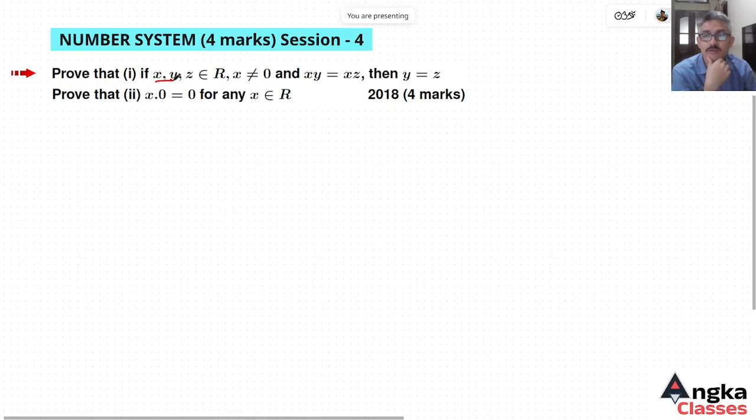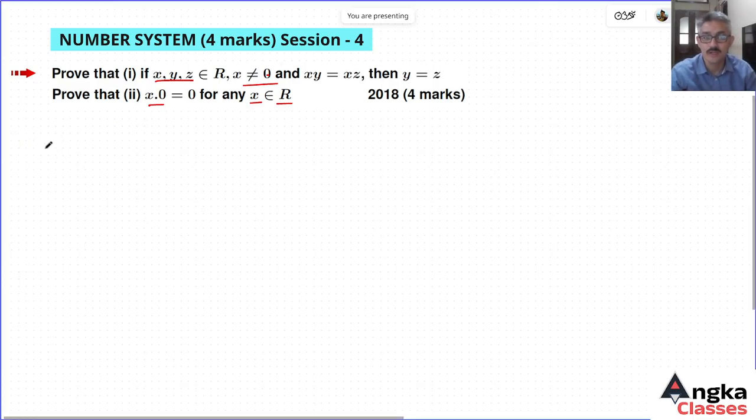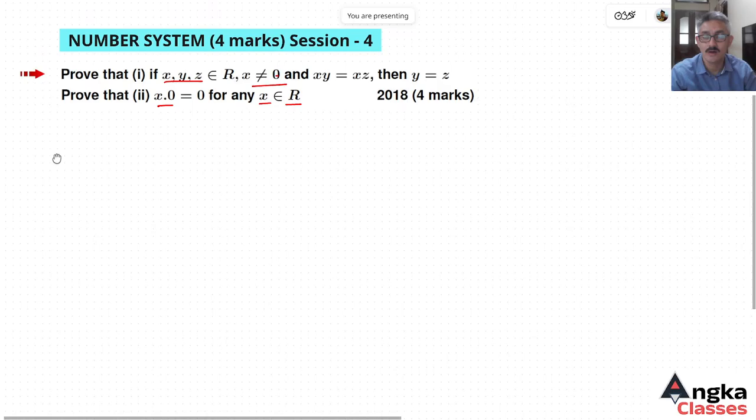Part 2: for any x real number, x into 0 will always be 0. 2018 4 marks question.